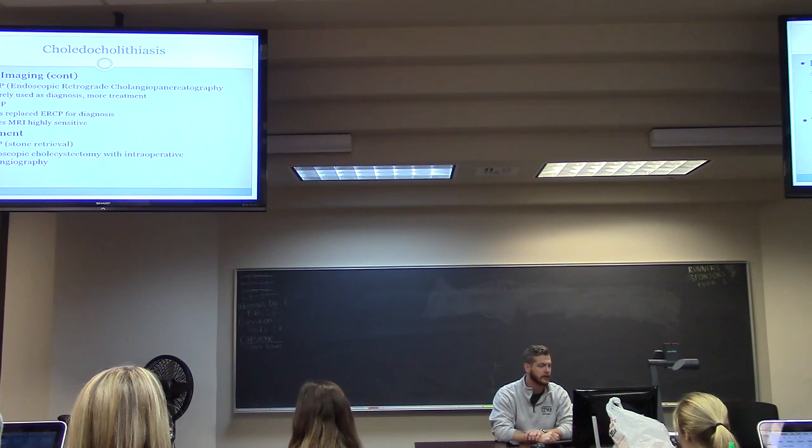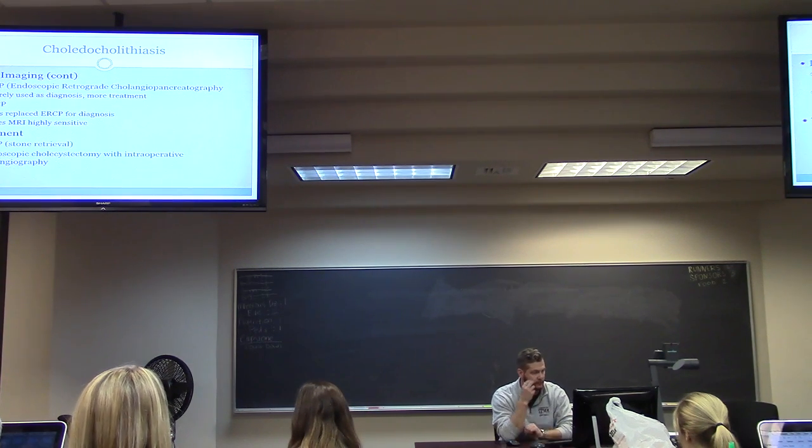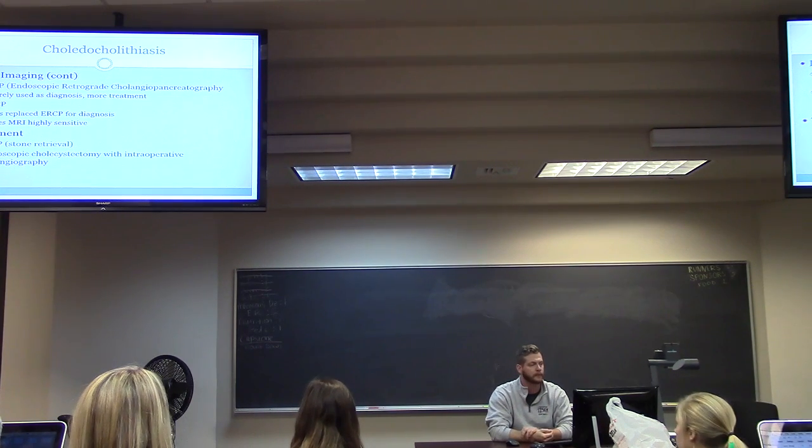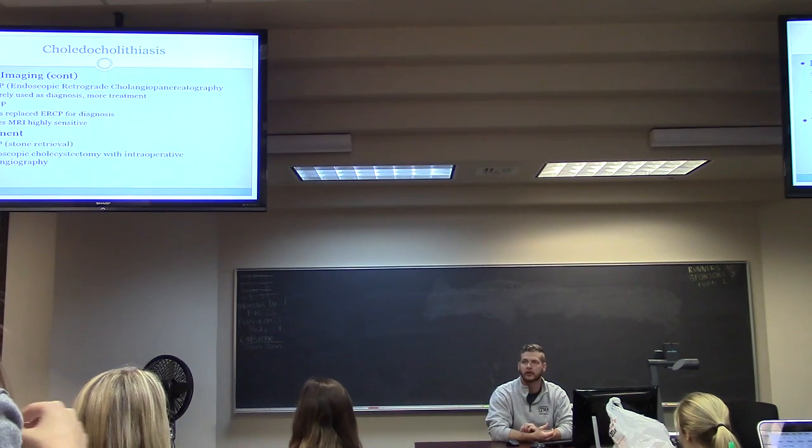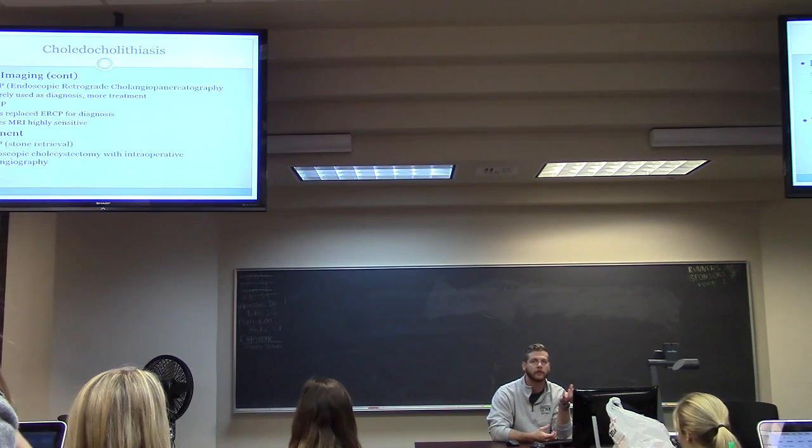Treatment, again, ERCP. You can also do a laparoscopic cholecystectomy with an intraoperative cholangiography. So you go in and remove the gallbladder that's full of stones, because it's kind of silly to do an ERCP and grab a big stone when your gallbladder is just full of stones. It's just going to happen again.